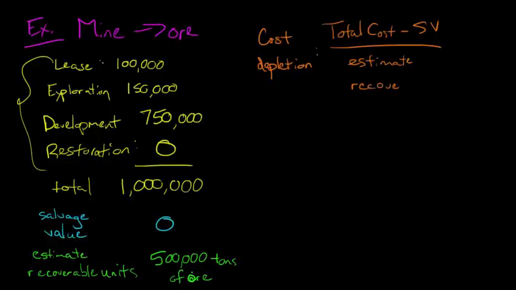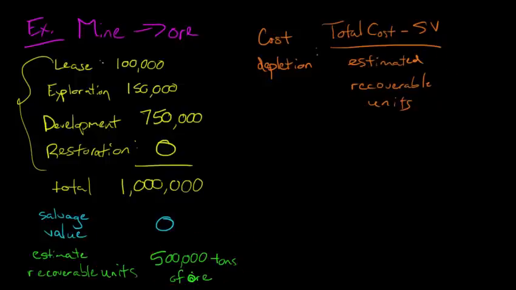In this case, our total cost is $1 million. The salvage value is 0. And the estimated number of units is that 500,000 tons of ore.